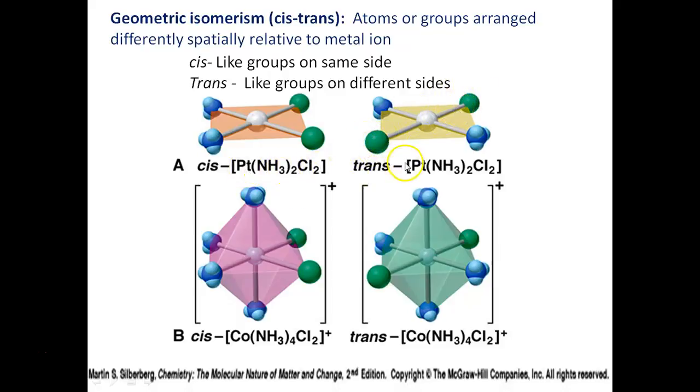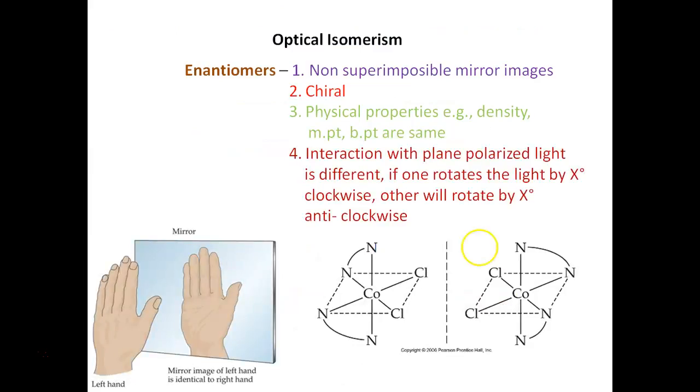This is cisplatin and transplatin, very popularly known complexes. Here is an example for octahedral complexes, where in this cis molecule these 2 chloride ions are on the same side of the central cobalt ion, whereas in this case the chloride ions are on the opposite side of the central metal ion.